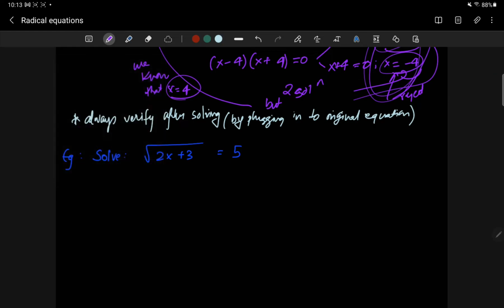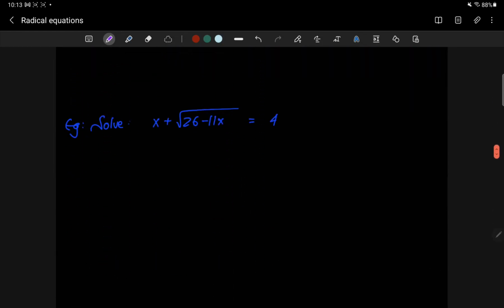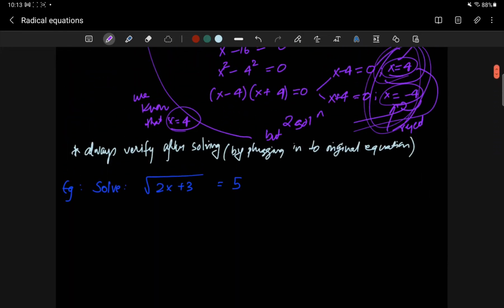There are very specific types of problems, and I have them here. There are three major types of problems. The first one is, so what is the type here? The type is square root of something equals a number. So this is straightforward. You just go and square both sides.